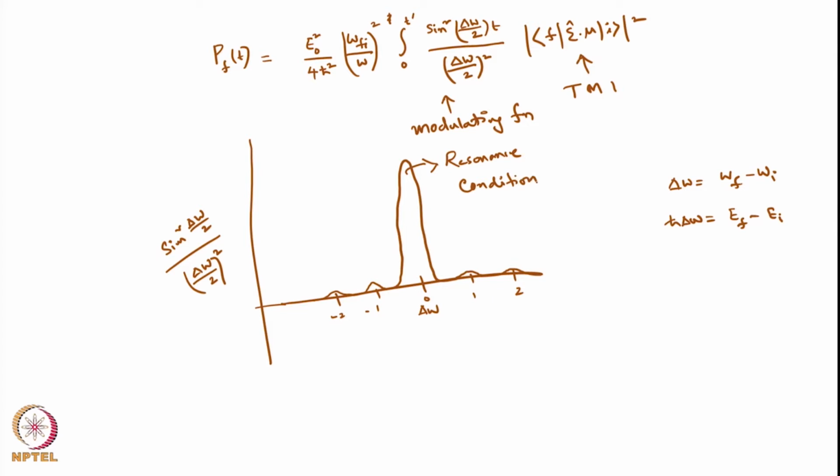But you should always see there will be very tiny absorptions even in the wings, and that is governed by this equation and will depend exactly on delta omega.